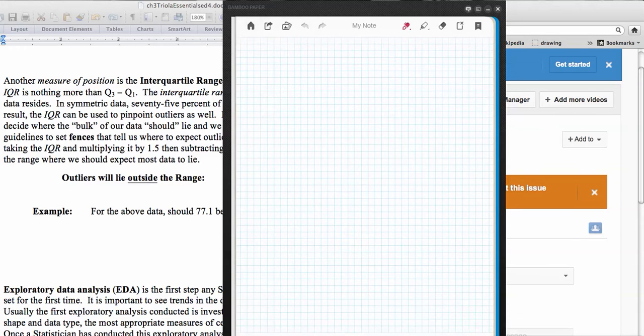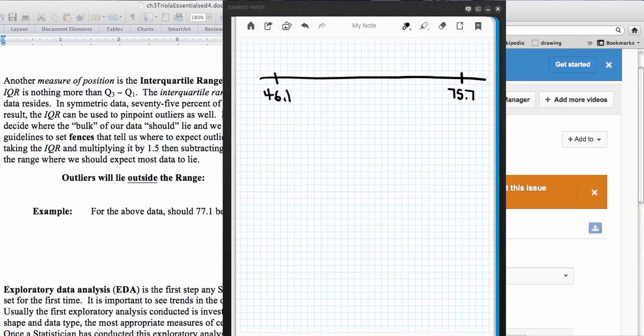So let me go draw this on a number line because some people find it really helpful to see this visually. So here's my number line, and over here I have that high value, 75.7, and I have my low value over here of 46.1.